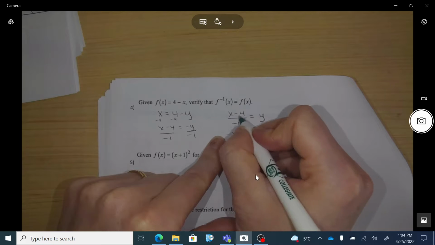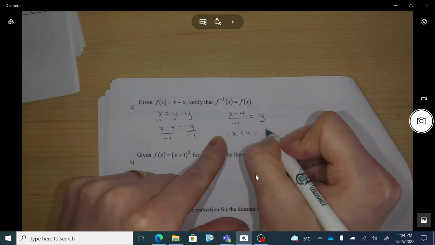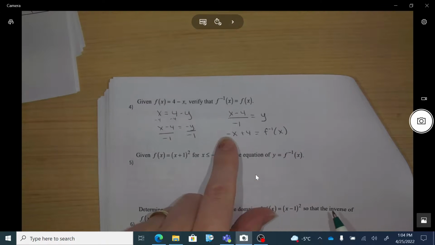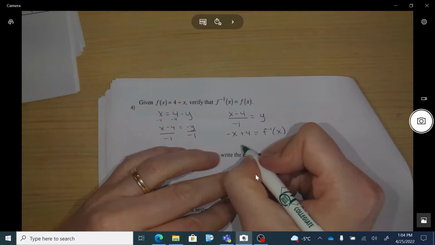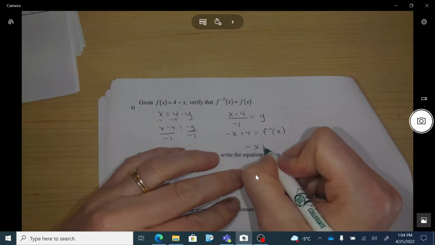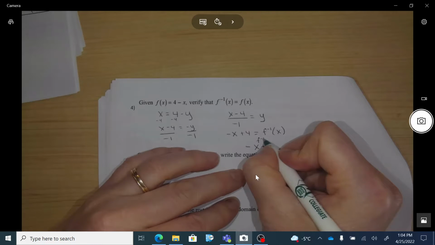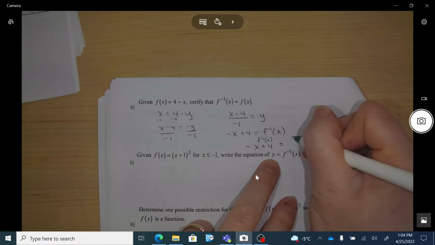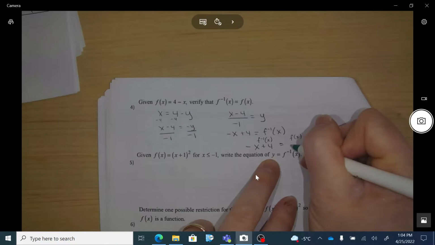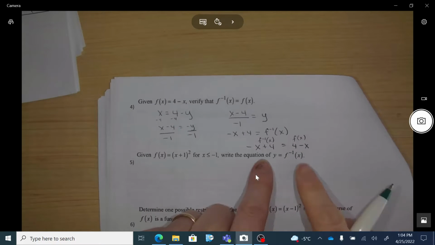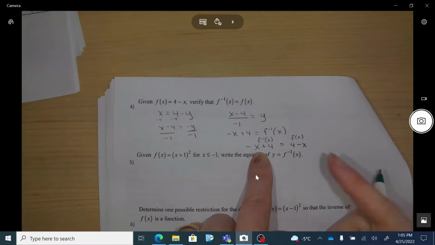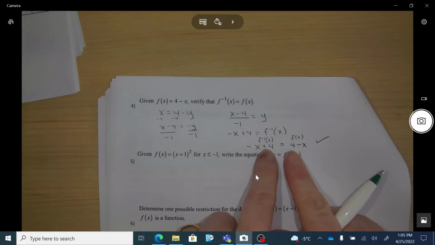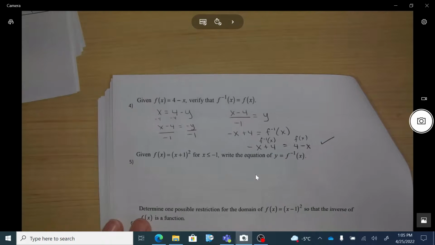So -x plus 4, that's the new function, and the original was 4 minus x. Are those the same? Yes, because -x, -x, and a plus 4 and a plus 4, they both have the same.